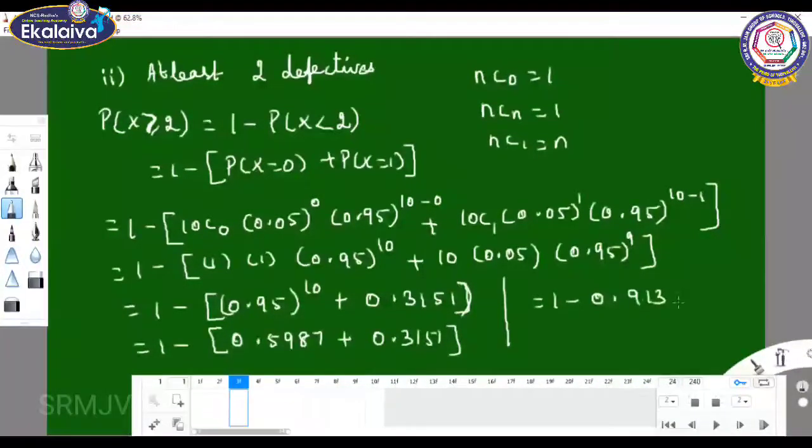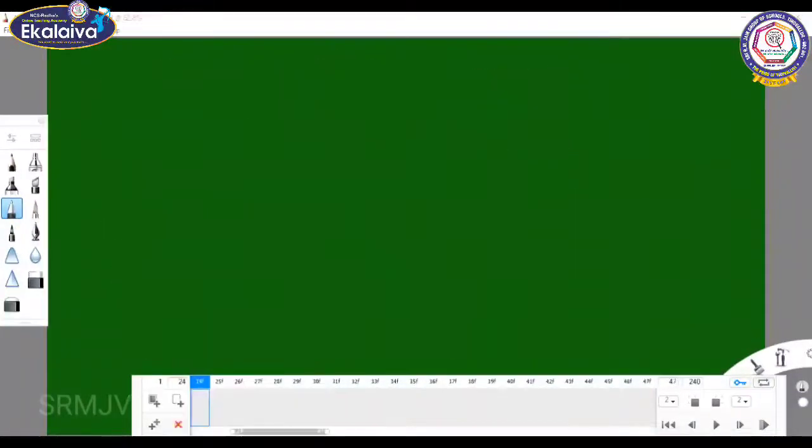0.9138. So when we subtract from 1, the value we are getting for P of x greater than or equal to 2 is 0.0862.